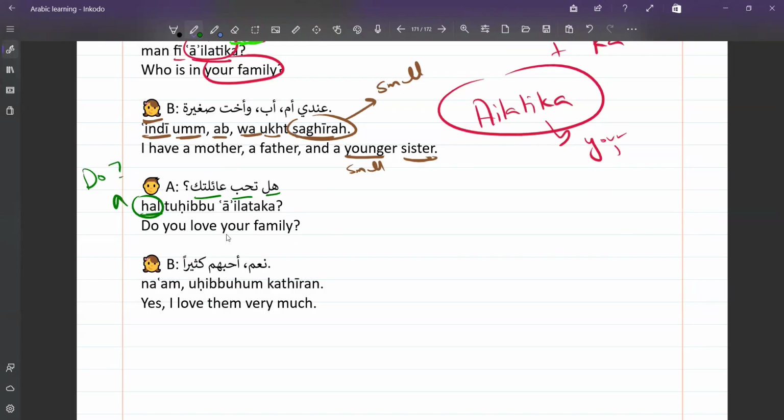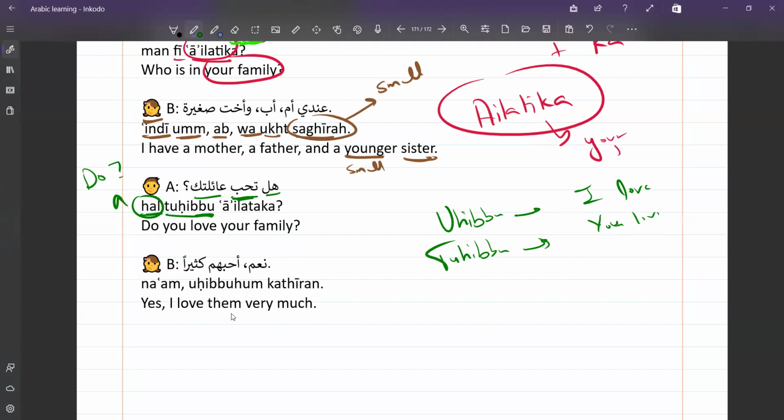Tuhibbu means, okay, so uhibbu means I love, and tuhibbu means you love. So that is why the word tuhibbu is used. So hal tuhibbu ailatika? Do you love your family?